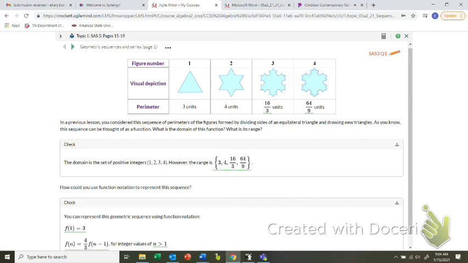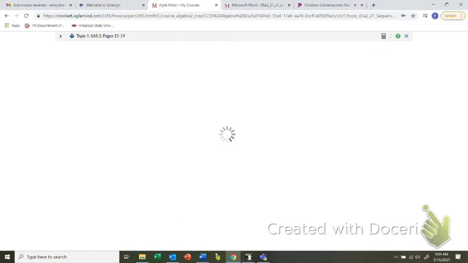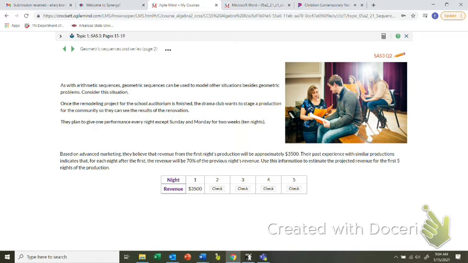All right, go ahead and hit your green arrow if you're following along. It says, on the screen, as with arithmetic sequences, geometric sequences can be used to model other situations besides geometric problems.